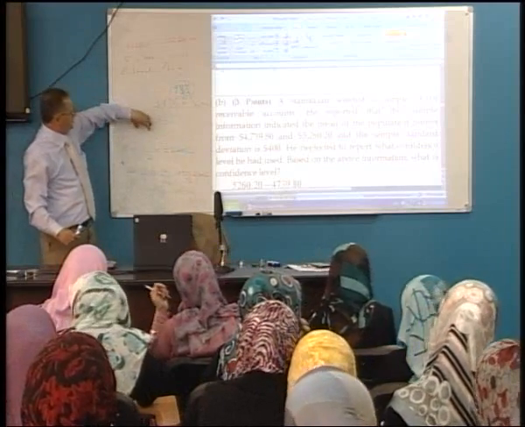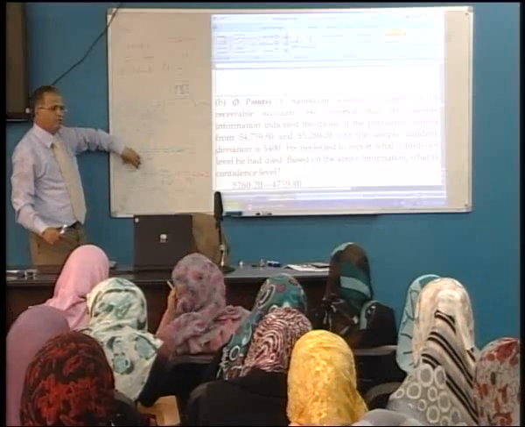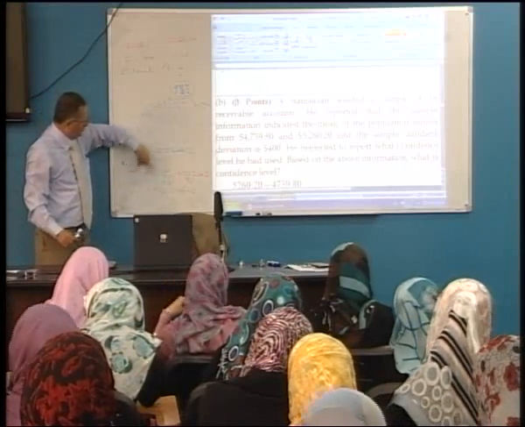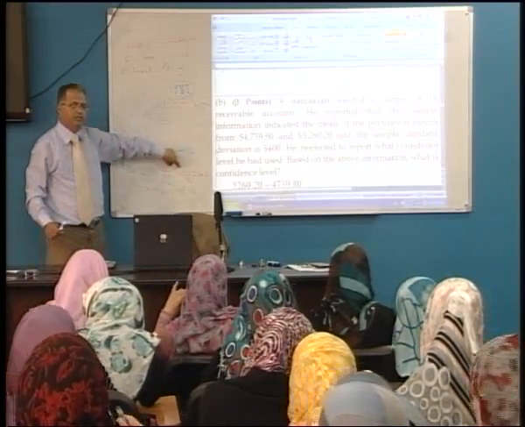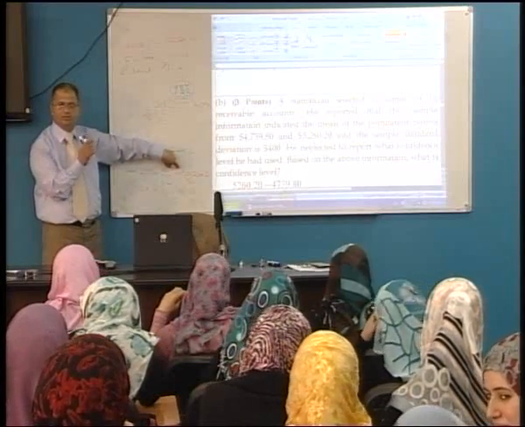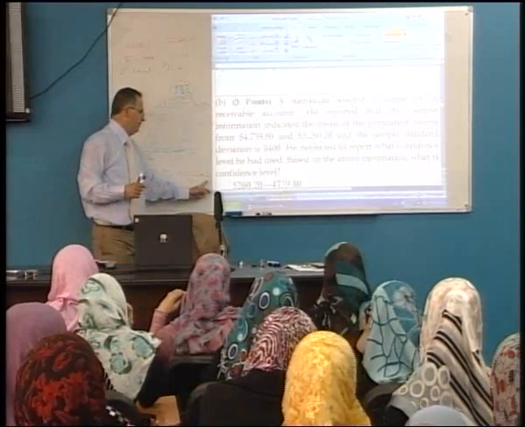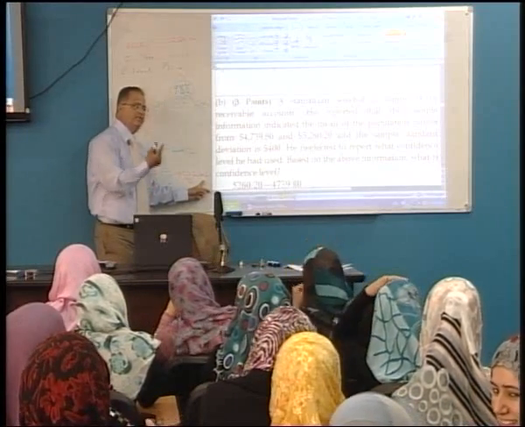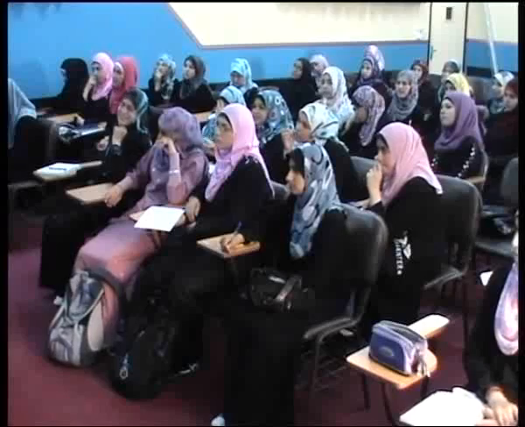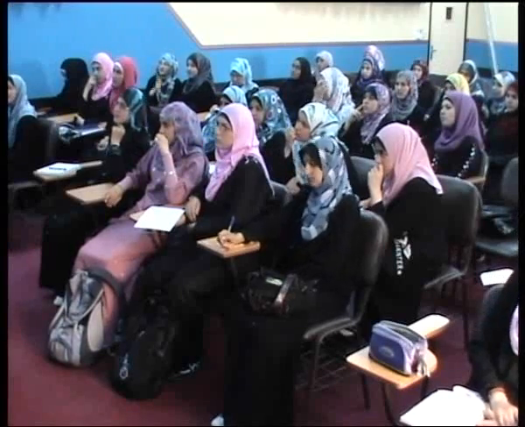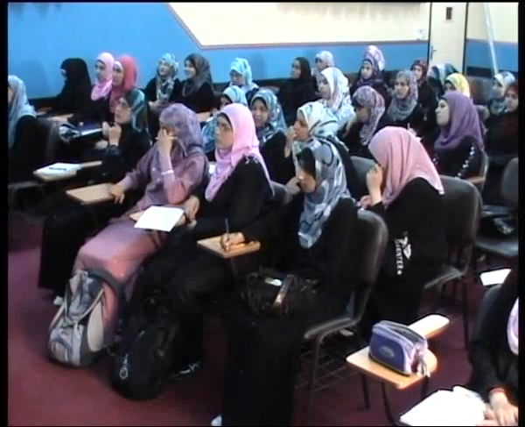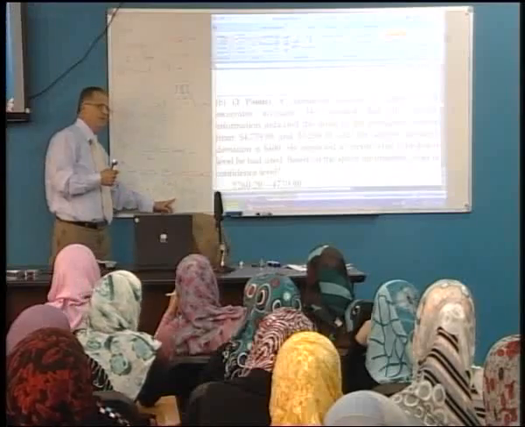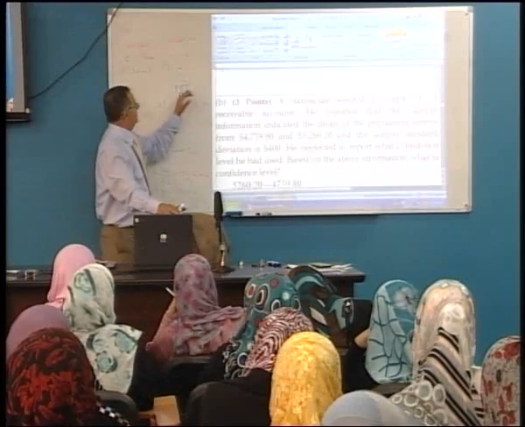Then we know this term represents this margin. So by using this equation, we can compute the value of T, the critical value. Since the critical value is computed, we can determine the corresponding alpha over 2. So alpha over 2 is 1%. So your alpha is 2%. So my C level is 98%.